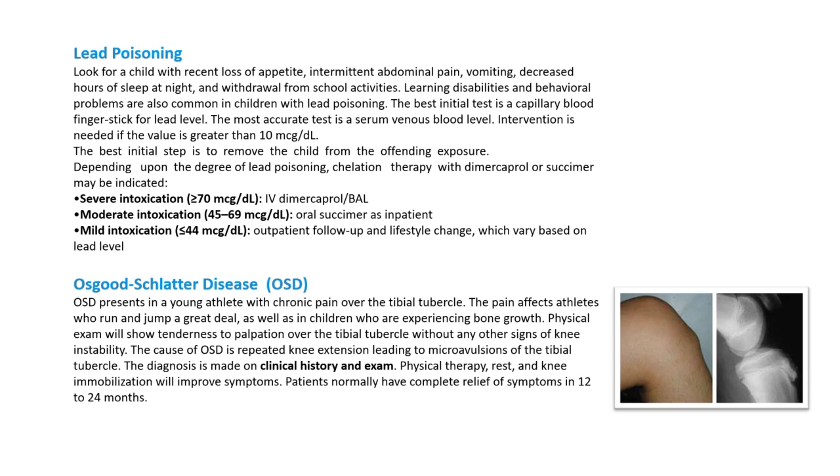Moderate intoxication is between 45 to 69. The treatment here is oral succimer as inpatient. And the mildest form is mild intoxication, 44 and less. We need to follow up as an outpatient, and we need to do lifestyle changes, which vary based on the lead level.